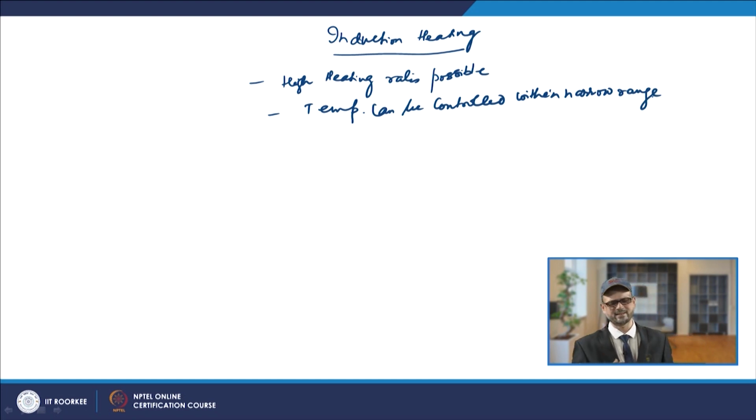So, these are the advantages of induction heating, and those spots which are likely to be formed in the case of electrical resistance heating are basically not formed in induction heating. However, induction heating also has certain limitations.